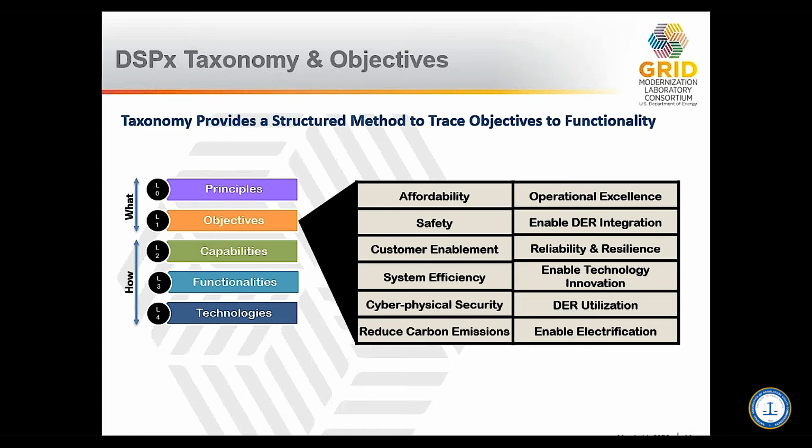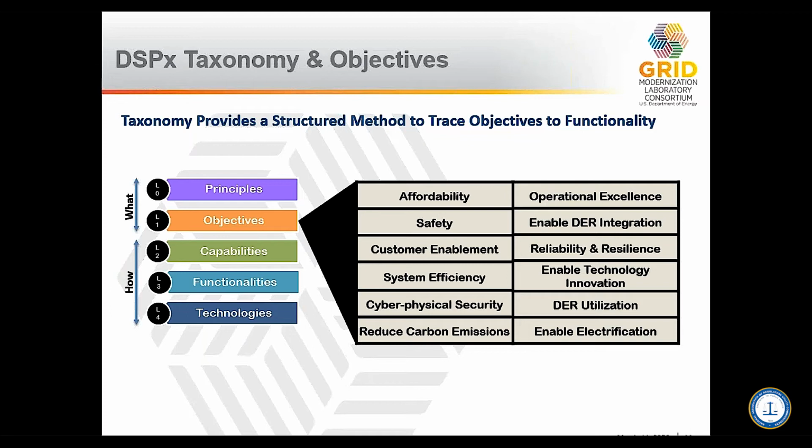From this, you can see that we then move into a set of objectives, and what we've done in the DSPx project, this Modern Distribution Grid project, is to identify a generic set of objectives on an a la carte basis. So what I'm going to show you over the next couple of slides is really a la carte. It's not saying you have to do all of these.